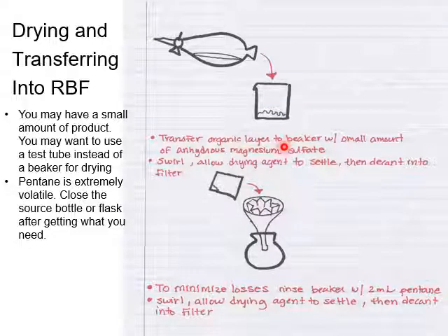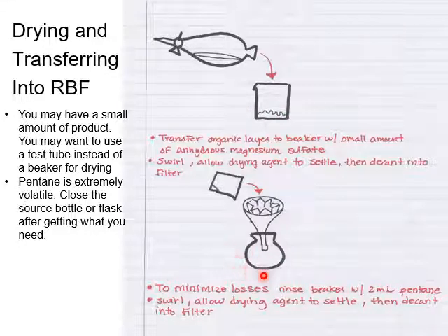So you transfer the organic layer to the beaker with a small amount of magnesium sulfate or whatever drying agent you have, and then you swirl. You allow the drying agent to settle, and then decant into a filter to make sure that you're not taking any of the magnesium sulfate.